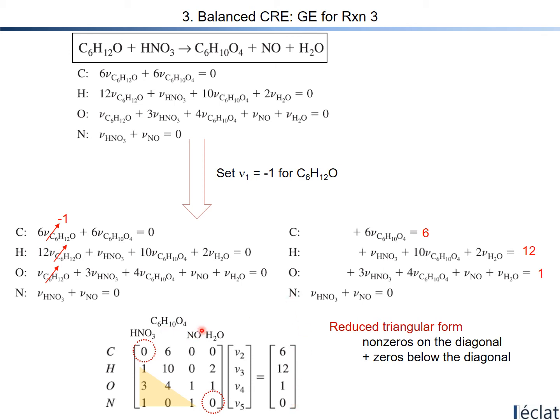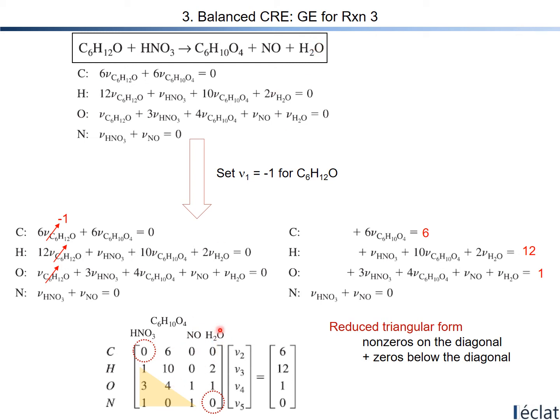And then let me check the coefficient matrix. After fixing the first entity, we have four columns of the coefficient matrix. So the first one is HNO3, second one is adipic acid, third one NO, and fourth one is water.